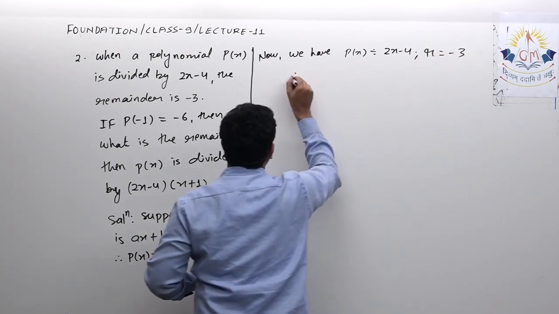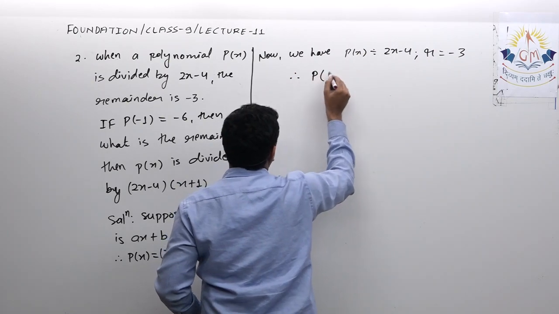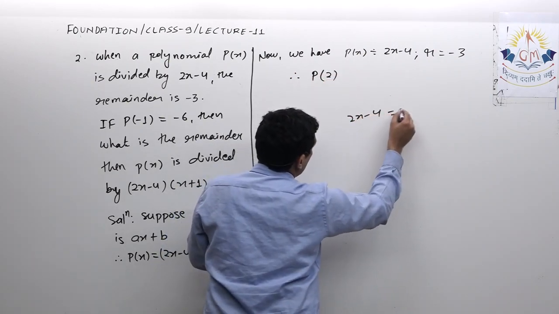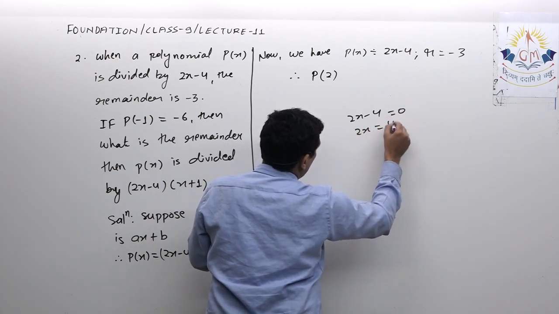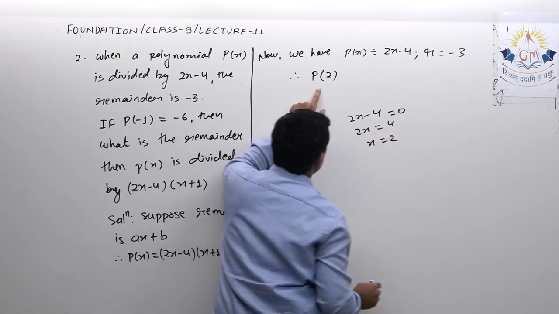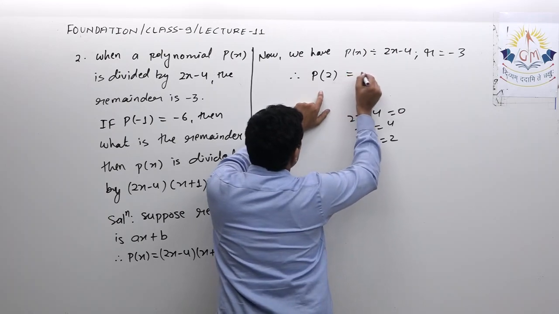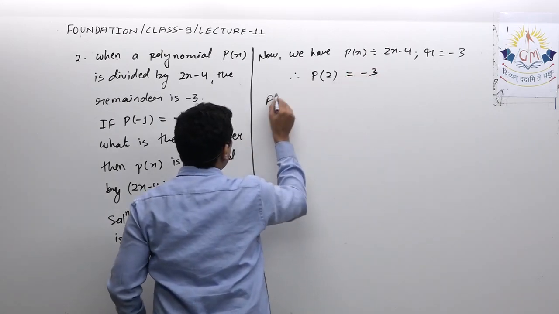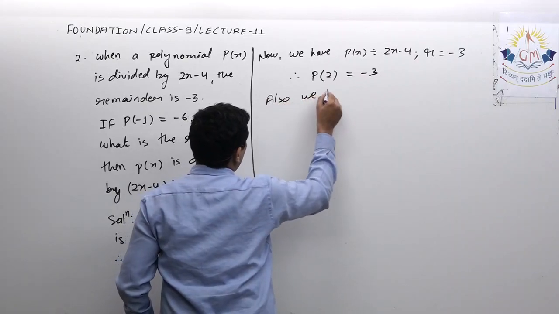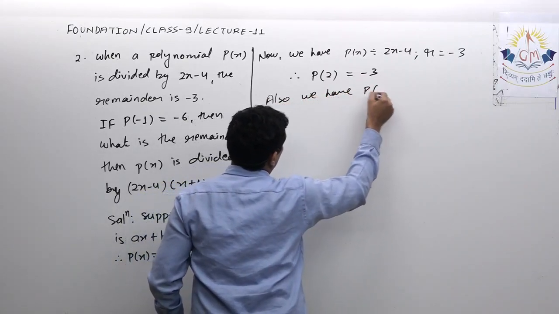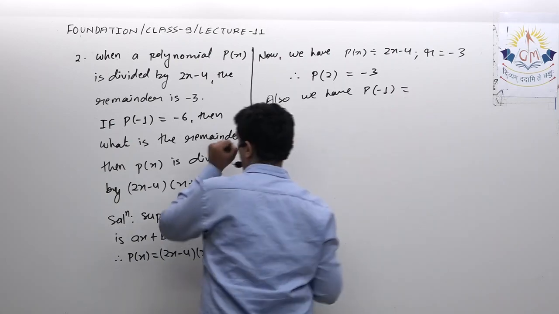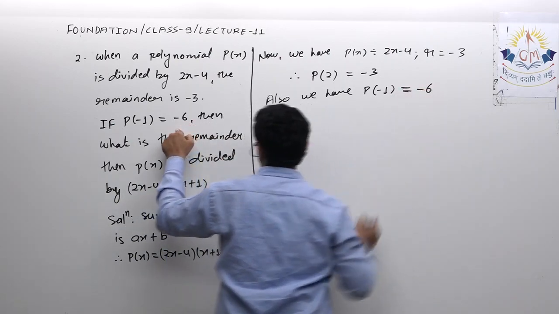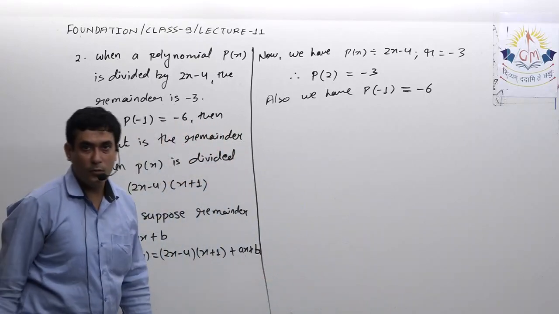Therefore I have p of 2, since 2x minus 4 equal to 0 gives 2x equal to 4, x equal to 2. So p of 2 is equal to minus 3, that is given. Also we have p of minus 1 is equal to minus 6.